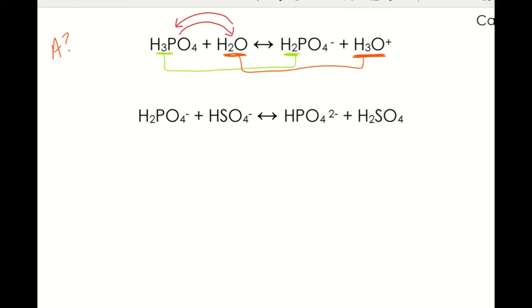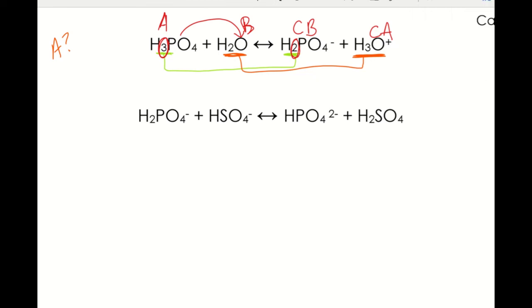Or did the H2O give to the H3PO4? Well, when you look at this PO4, it had 3 H's, and now it only has 2 H's. So that means that the H3PO4 gave to the H2O. Whoever is giving is going to be our acid, and whoever is receiving is going to be the base. So this one's the acid, and this one's the base. The acid is always paired with a conjugate base, and the base is always paired with a conjugate acid.